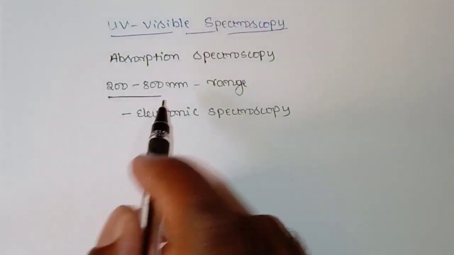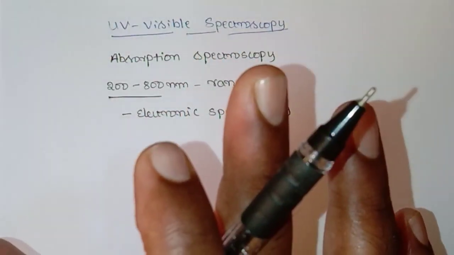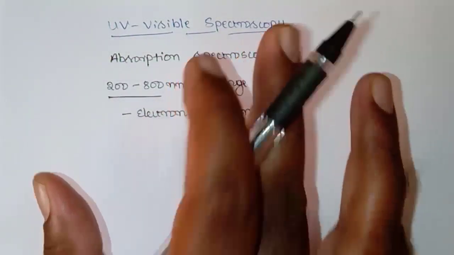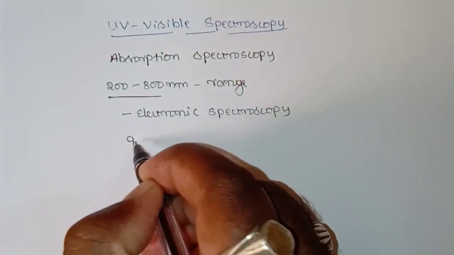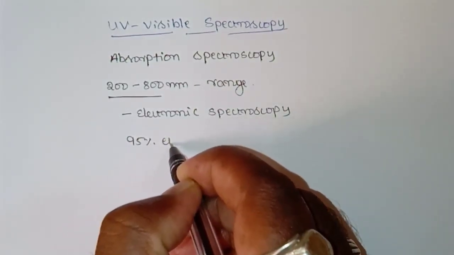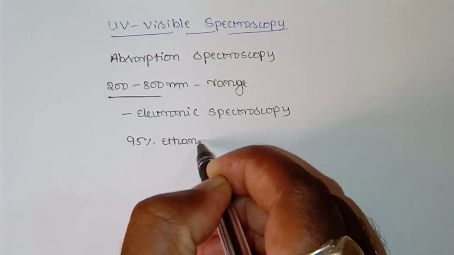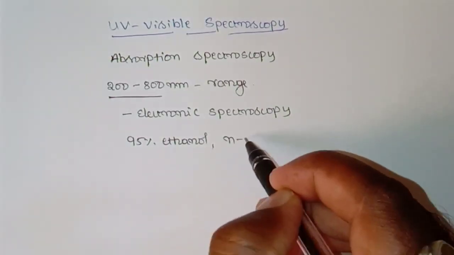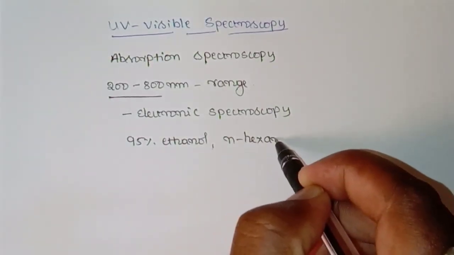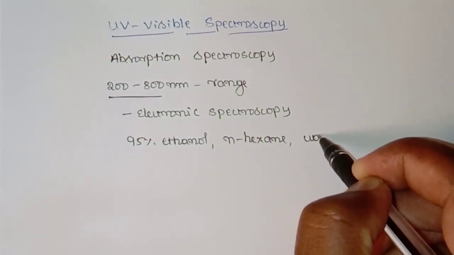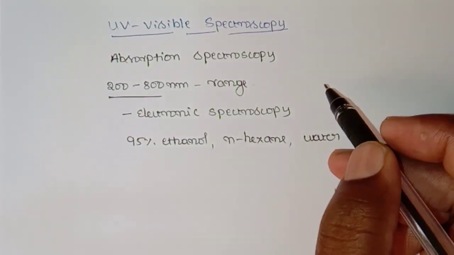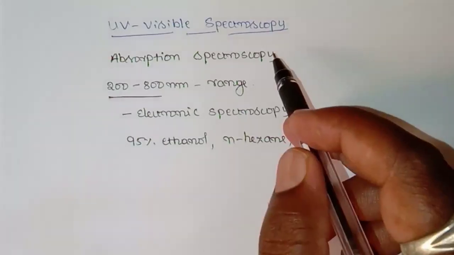Usually the solvents considered are either 95% ethanol, n-hexane, or water. These three solvents will be used for preparing the solution of the sample.